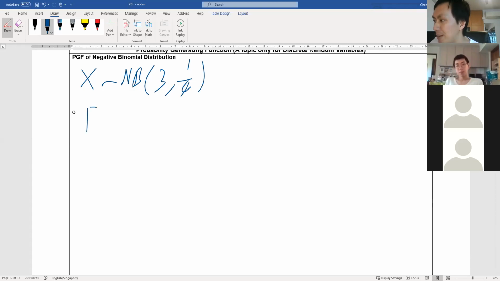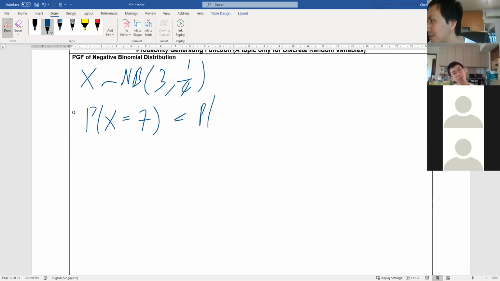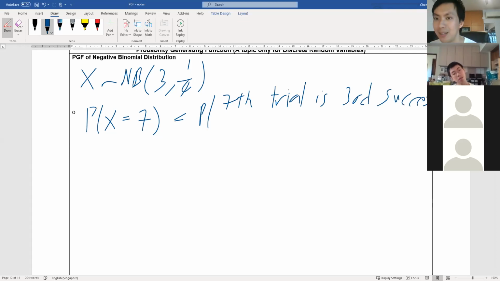Let's just say if probability X is equal to 7, it means the probability that the 7th trial is the 3rd success. This is just the situation. Just reminding you guys first. Then you will realize that it's practically impossible to draw out a table for this. If you want to have X, then minimally you need to have 3.